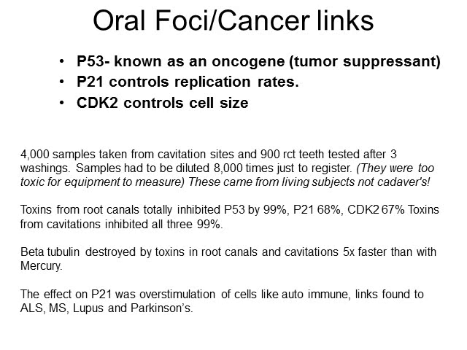Now you have to understand that before this research was done, the most toxic thing we knew of in a person's mouth was a mercury filling. And now we were showing that the bacteria found and involved with these cavitations was even more hazardous. The effect on the P21 was overstimulation of cells, like in autoimmune diseases, and links were found to things like ALS, MS, lupus, and Parkinson's disease.